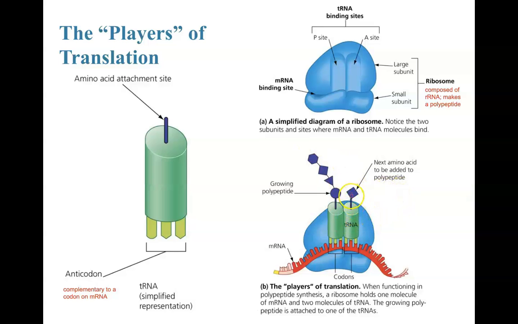That amino acid then gets bonded to the existing long chain. That's called a peptide bond, amino acid to amino acid. It gets added, and then a new tRNA will come in based on the next codon, with the previous tRNA then leaving without that amino acid chain. It's going to leave that behind, and you'll see that in a video.